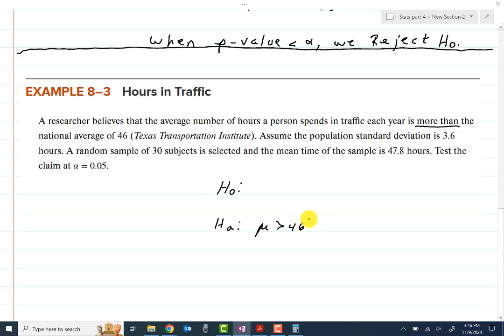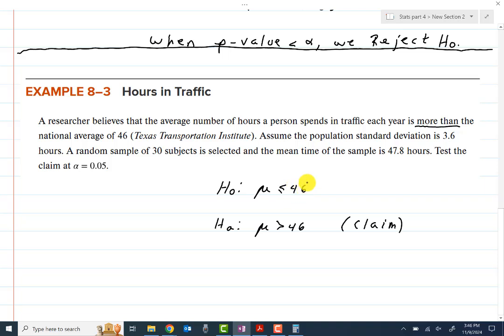The population average is actually greater than 46. This is what they call the claim. Then you fill out H sub 0 using the opposite symbol. Since this HA is a greater than sign, H naught should be less than or equal to 46.